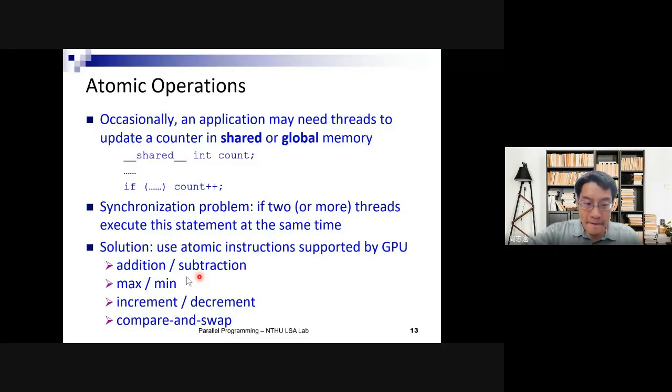Of course, since it's supported by hardware instructions, only limited atomic operations are supported by GPU, for example addition, subtraction, max, min, and so on.